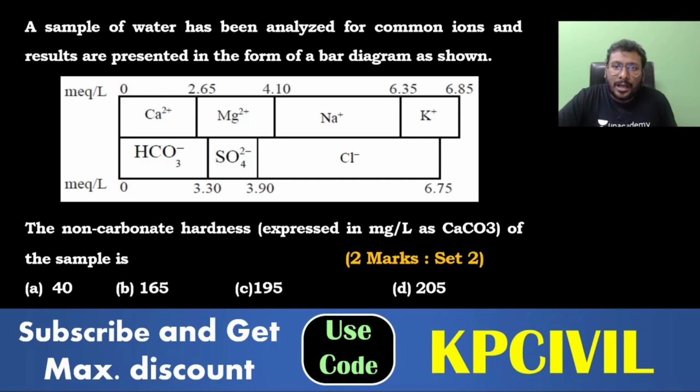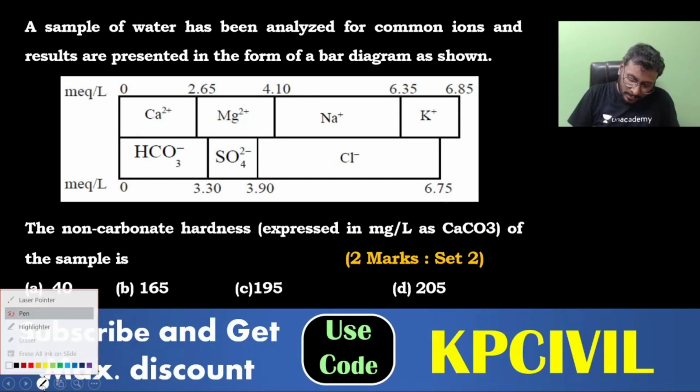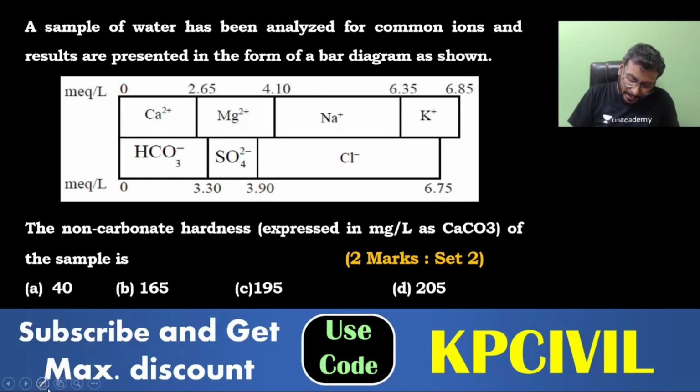A sample of water has been analyzed for common ions and results are presented in the form of a bar diagram. So this is shown in the form of a bar diagram. Very important. Concentrations are provided in meq per liter, milli equivalent per liter. Very important.